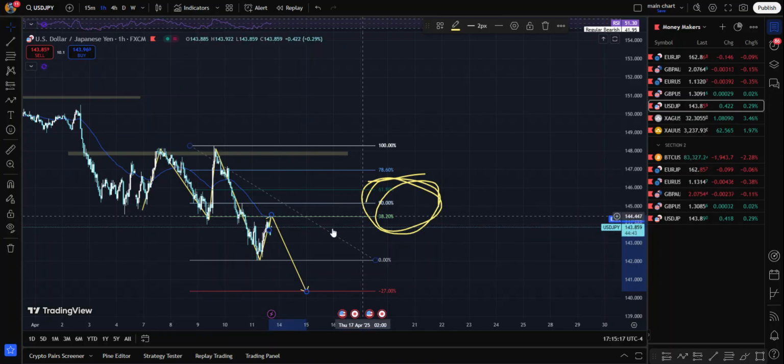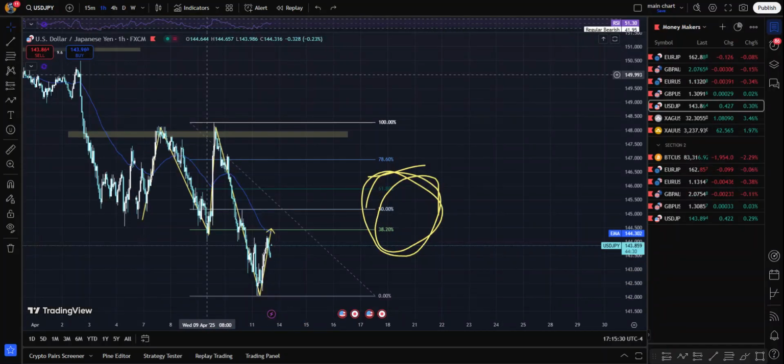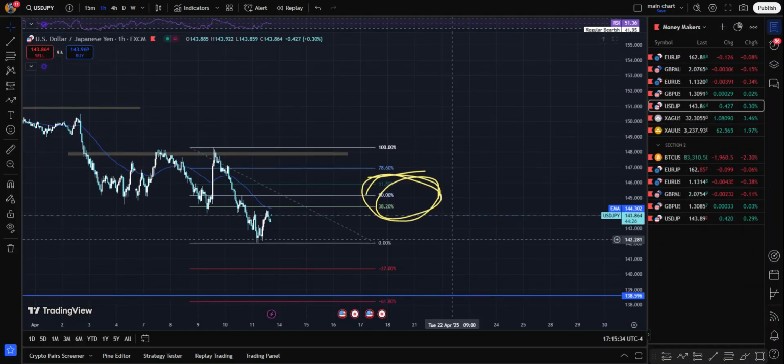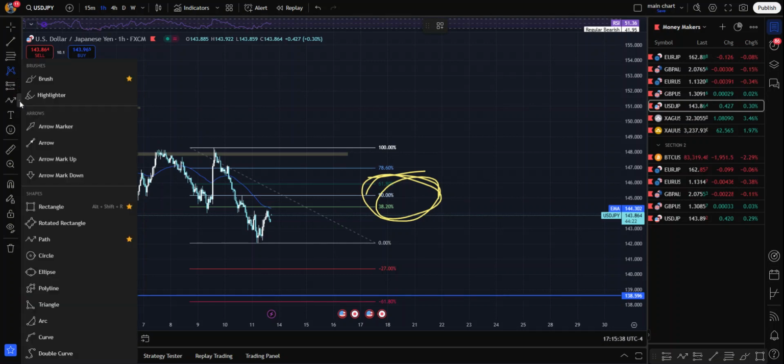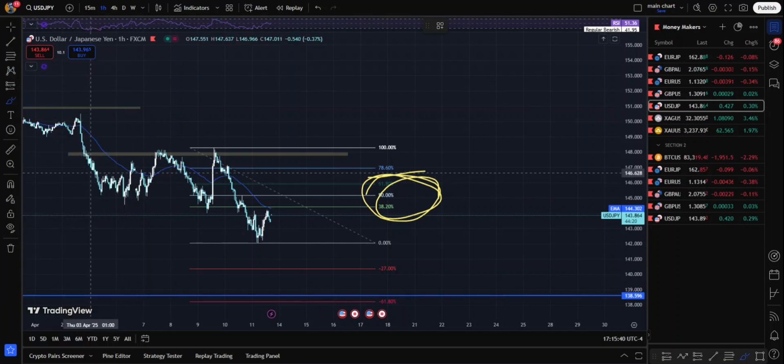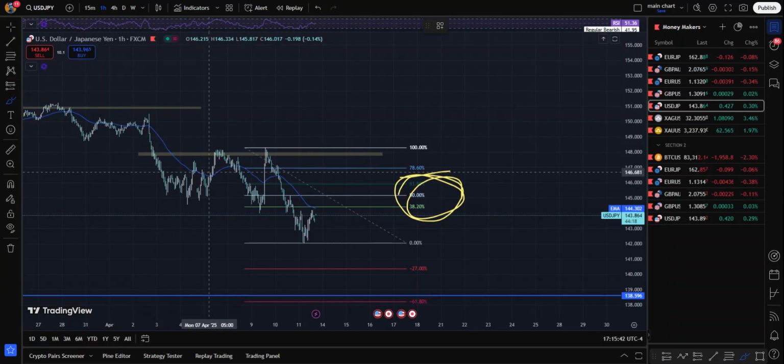Another confluence is that there's also the EMA running through it right here, which is like a moving support and resistance. So that's a confluence I'm adding. But as you can see, previously, it doesn't always magically bounce right off the EMA, like right here.